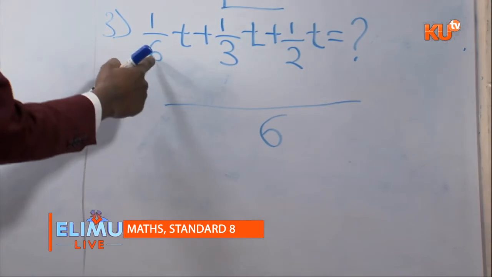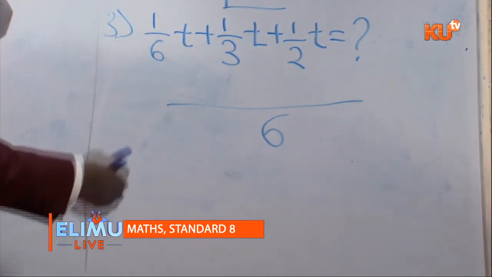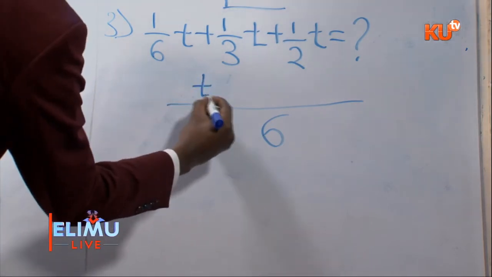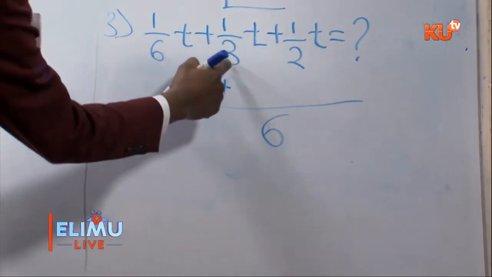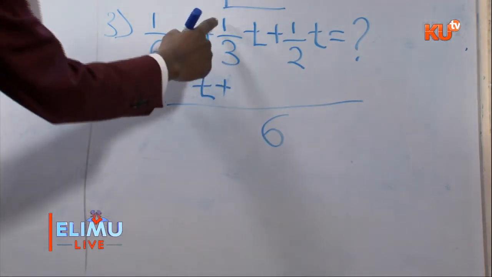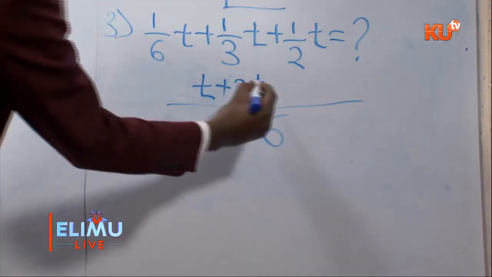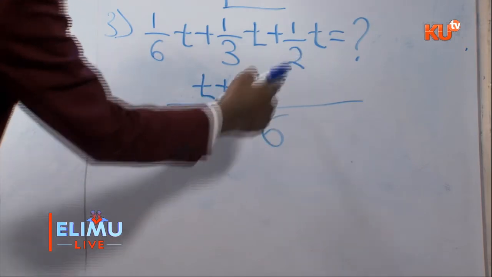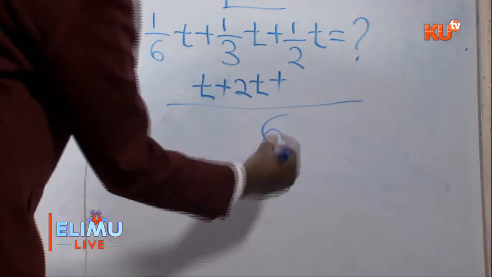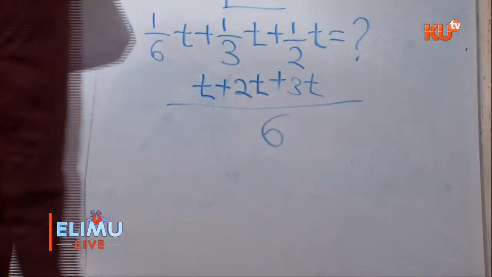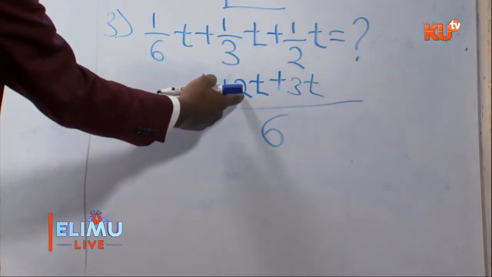6 divided by 6, we get 1. 1 multiplied by 1, we get 1. We can write t to represent 1. Plus 6 divided by 3, we get 2. 2 multiplied by 1, we get 2t. Plus 6 divided by 2, we get 3. Times 1, we get 3t. 1 plus 2, we get 3.